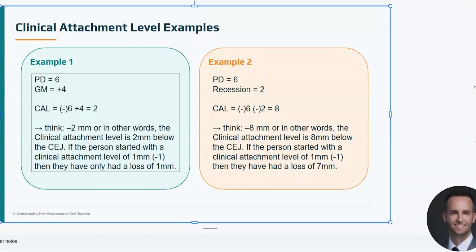It's the difference of saying they've got 2 millimeters of loss or 1 millimeter of loss, and that's going to be a lot harder to prove to the insurance if they're wanting to look at x-rays and different things like that. And so it guides our treatment a little bit more when we have tighter measurements like this. But when it's an obvious case like this, not as big of a deal.